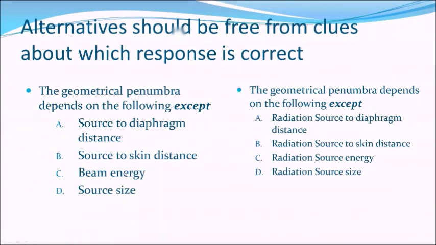Of course, that is the correct answer, and a person who knows the science will tick this. But rather, I would put it differently. I would say the geometrical penumbra depends on the following except: radiation source to diaphragm distance, radiation source to skin distance, radiation source energy. Instead of just saying beam energy, which would look like the odd man out and he will select that, I try to make it a little more homogeneous.